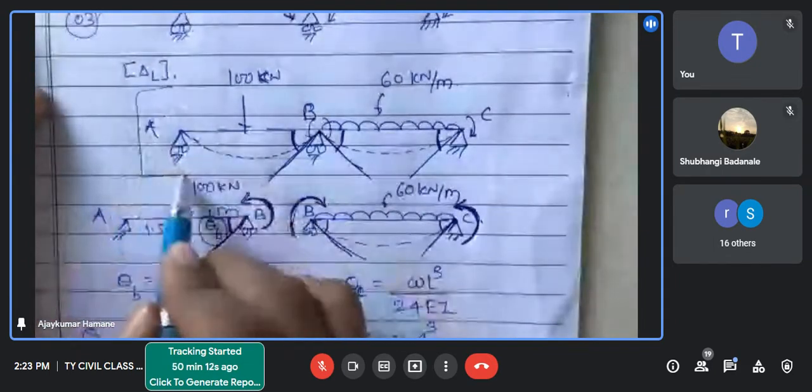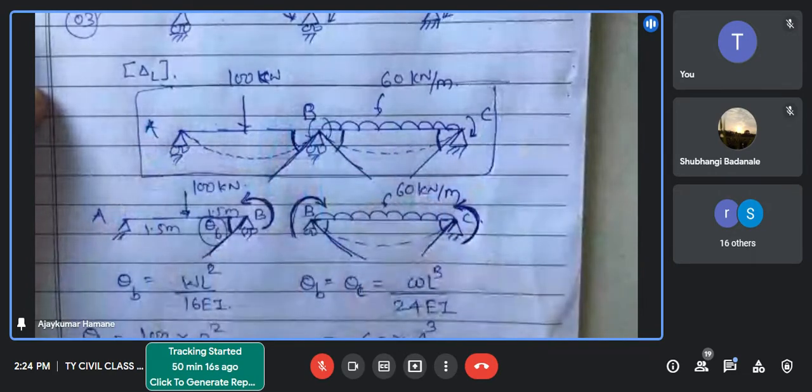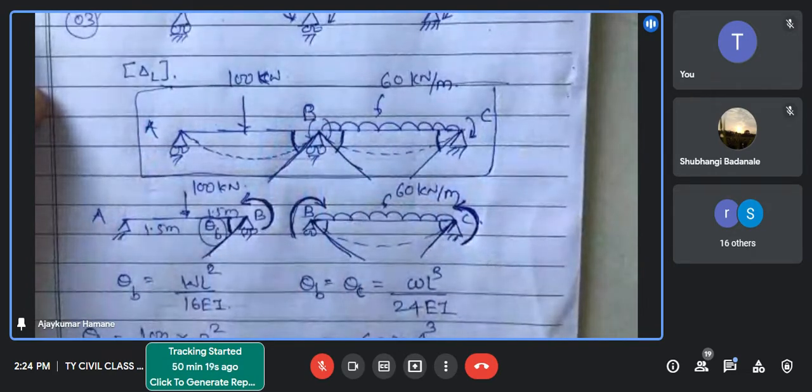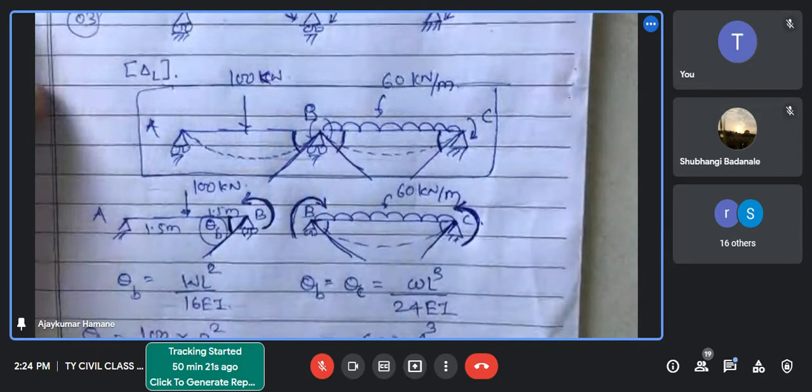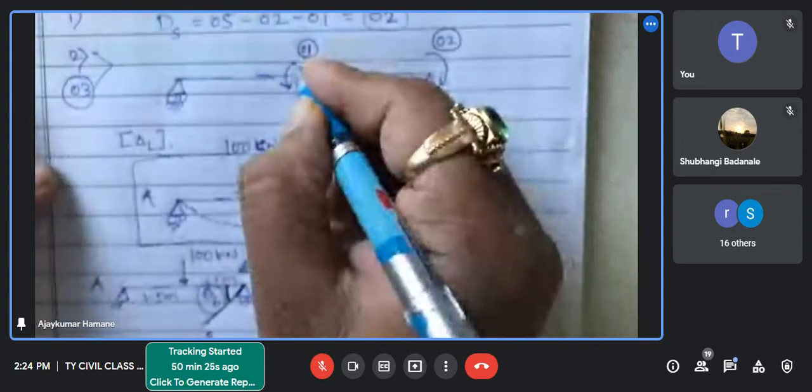Now this is our original frame. Now we are finding the displacement due to the loading at the redundant. How have we assumed the redundants?